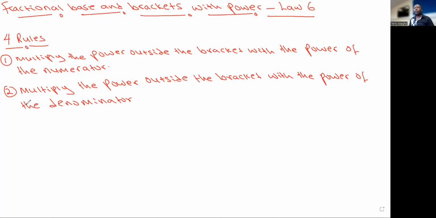Then when you're done with that, you now have to check if there are any constants, maybe k, or coefficients outside the bracket. Then you have to multiply the resultant value with the coefficient.